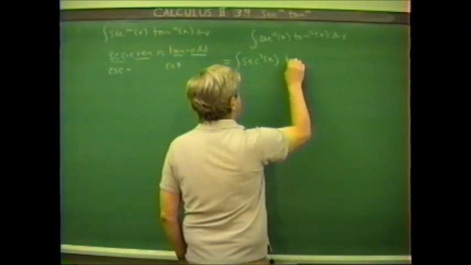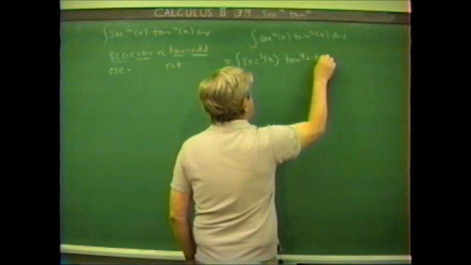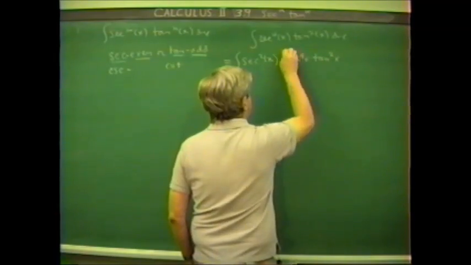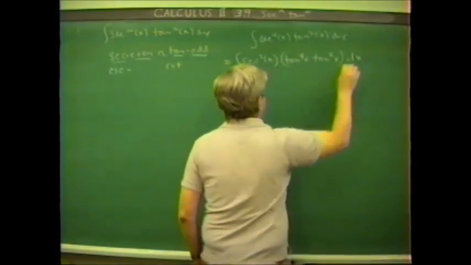So this becomes tangent to the 4th plus tangent squared, multiplying the tangent squared plus 1 by the tangent squared, like so.